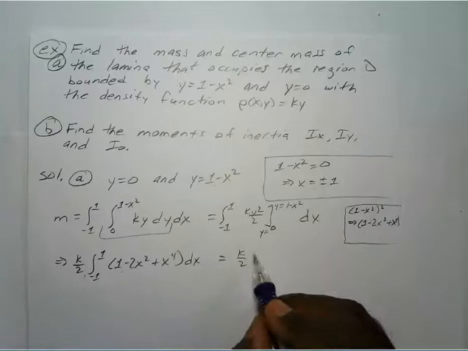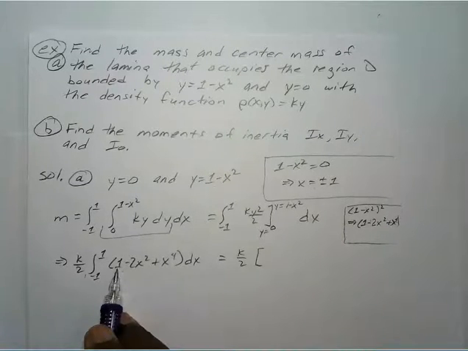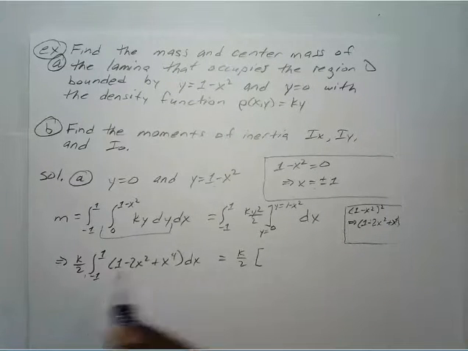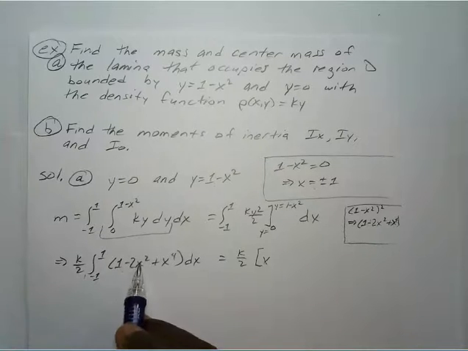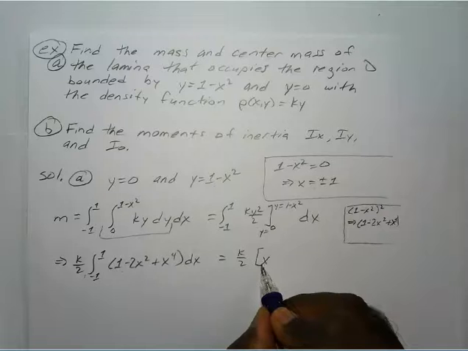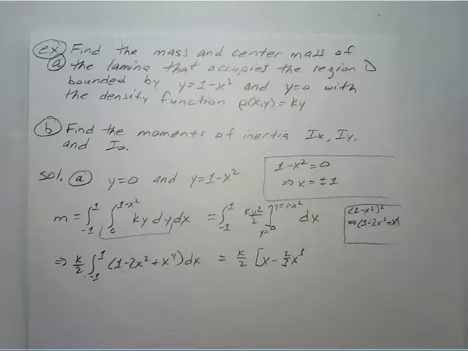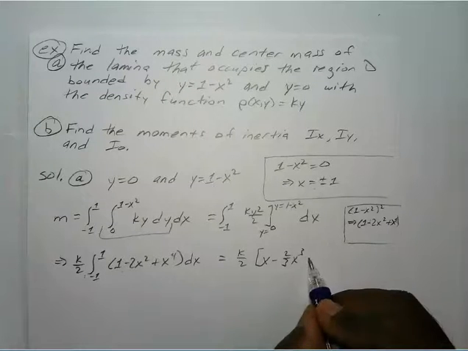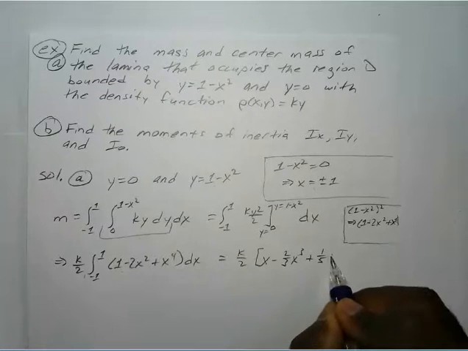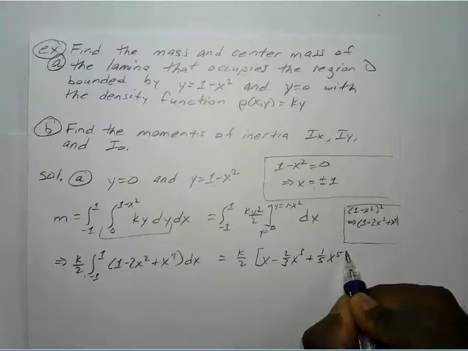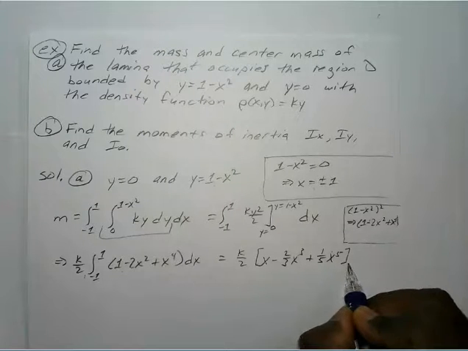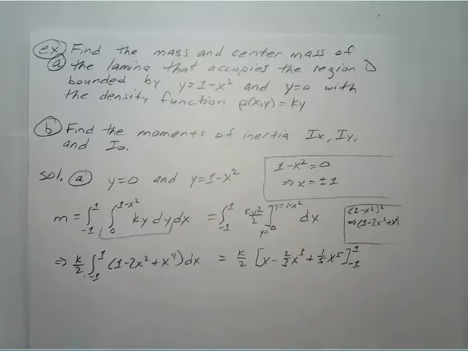The integral of 1 is just x, so we have x, minus 2/3 x to the third, and the integral of x to the fourth is x to the fifth over 5, so that's plus 1/5 x to the fifth, from -1 to 1.